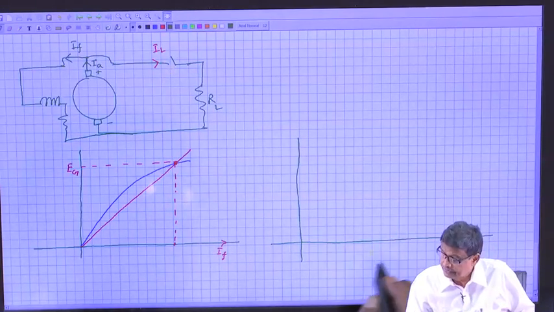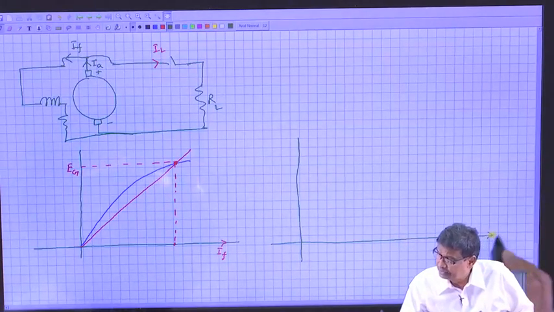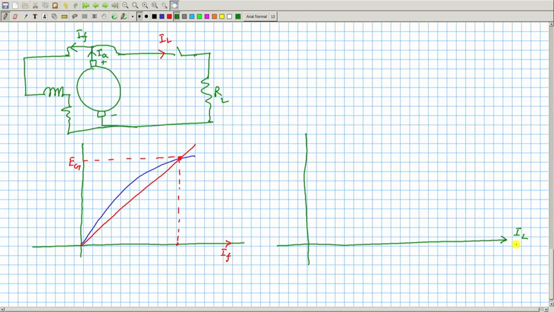Therefore, if I say that on this axis I can sketch IL or IA, and so when IL equal to 0, then the generated voltage, open circuit voltage is this voltage, that is what I will get, terminal voltage here. And as I told you this is RA, here is your EG.